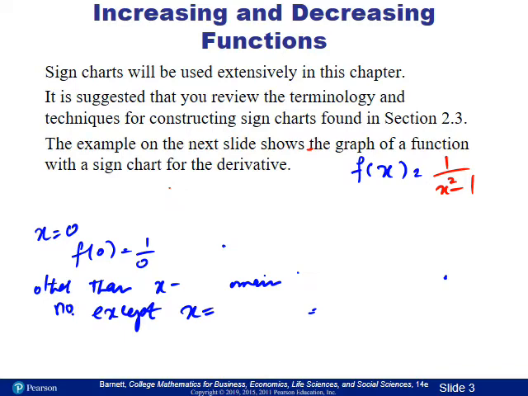So if x squared minus 1 equals 0, then x squared equals 1, and from here I get x equals plus or minus 1. So this function is undefined at x equals 1 and minus 1, because if I substitute x equals 1, the denominator will be 0, and if I substitute x equals minus 1, again it will be 0. So the domain of this function is the set of all real numbers except x equals 1 and minus 1. This is how we identify the domain of a function.